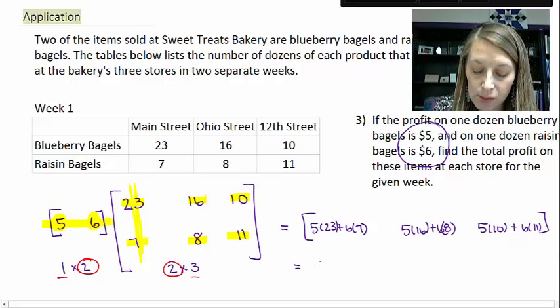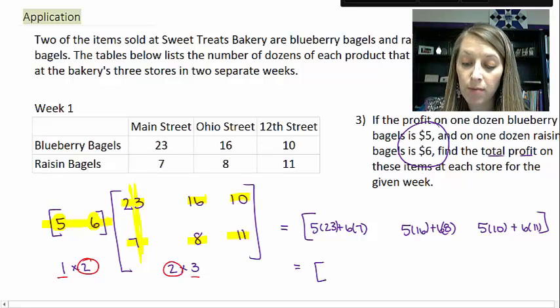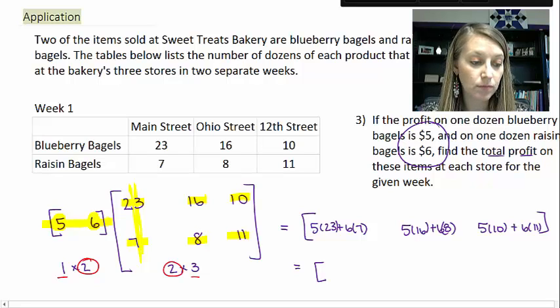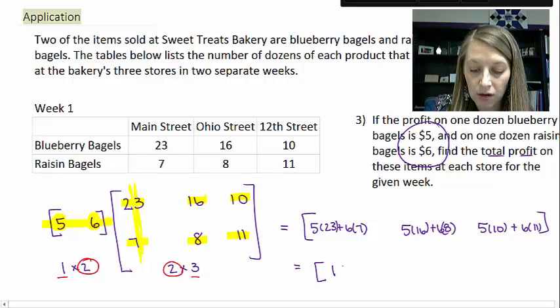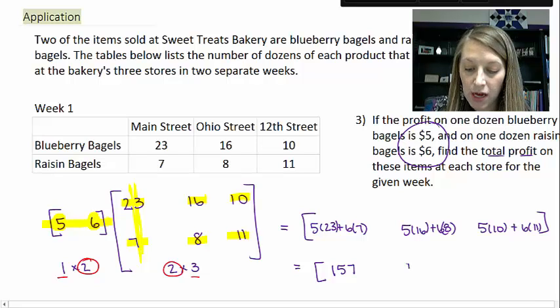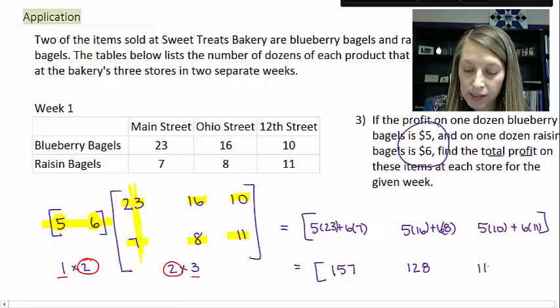And then when I do this math, that's going to tell me the total profit for each item at each store. So I have 5 times 23 plus 6 times 7 gives me 157. 5 times 16 plus 6 times 8 gives me 128. And I have 5 times 10 plus 6 times 11, or 116.